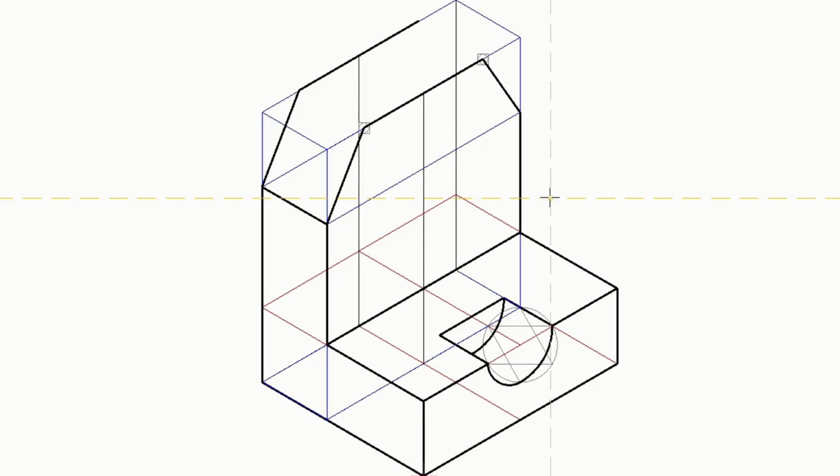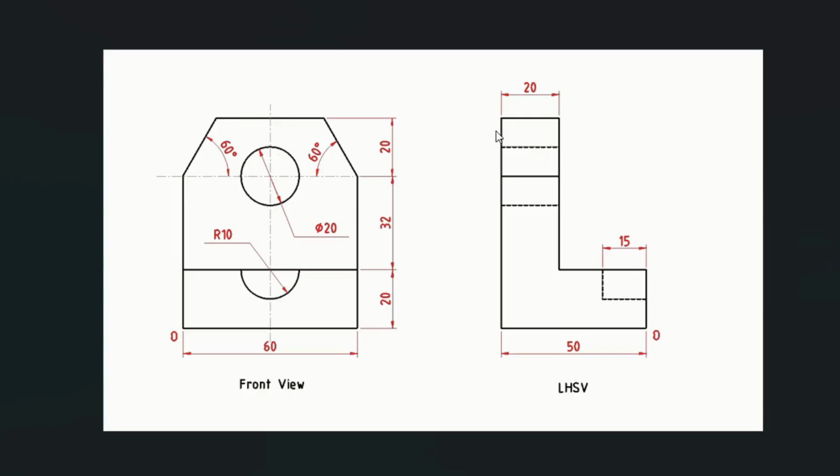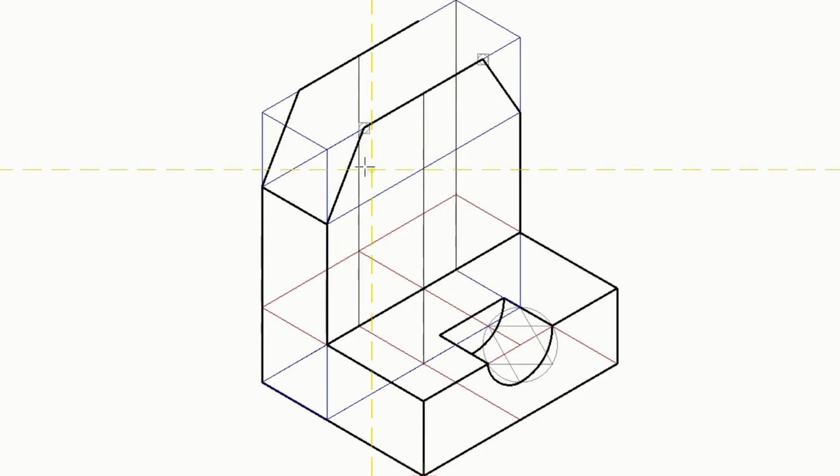The edges I'm referring to are basically this edge, and here in the left hand side view it is superimposed, but in the right hand side front view it is represented as a dot at this place and this place. That means we'll have to connect this point to this and this point to this.